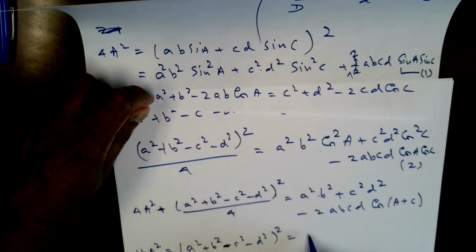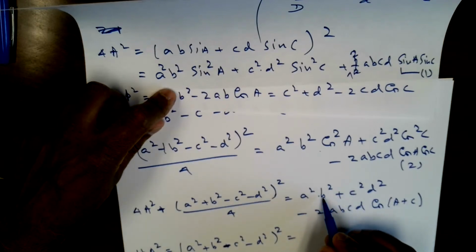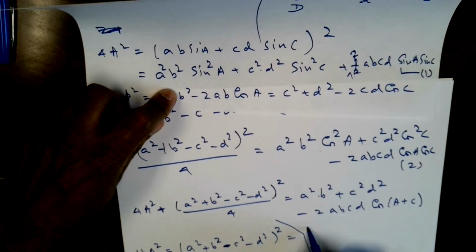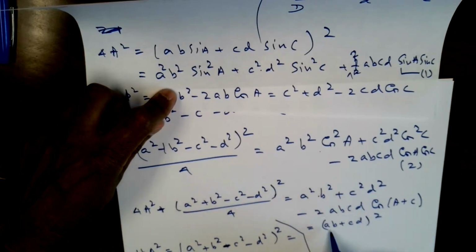This 4 goes here. If you want, we can rewrite this as ab plus cd the whole squared, and do a little bit of simplification here. So let me do that before I come in here. This is the same as ab plus cd the whole squared, so that's going to be a squared b squared plus c squared d squared minus 2abcd.